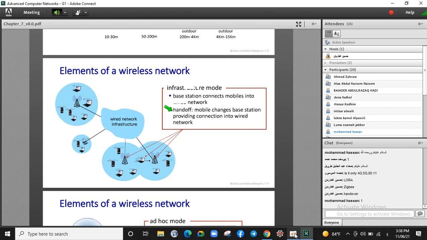It means that it changes its base station during its movement while it's still connected to the network. We call it handoff or handover.